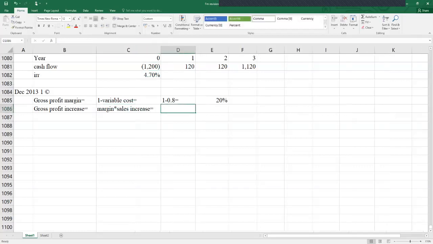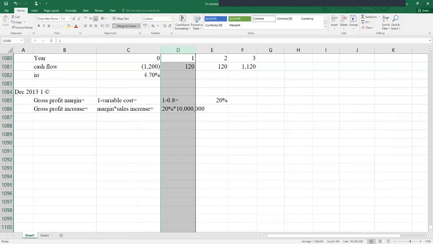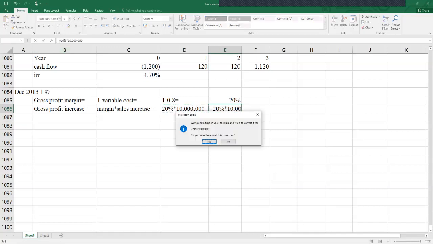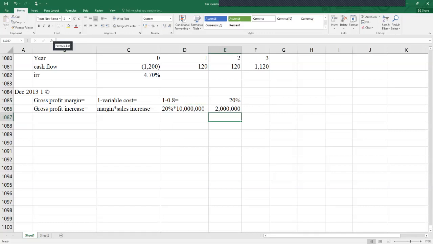We have the margin already, that is 20%, multiplied by the sales increase, and the sales are increasing by 10 million. That gives us 2 million. 20% of 10 million gives us 2 million. That's the increase in the company's gross profit, 2 million. That's a benefit to the company.